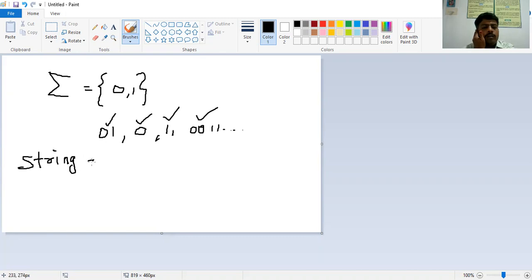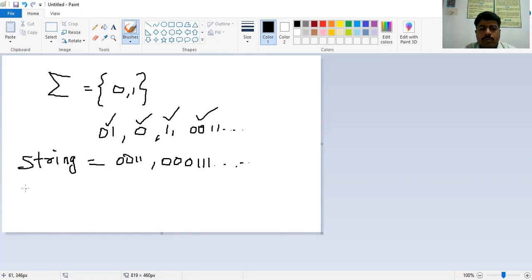These are some of the strings that come from your alphabet. According to the input, I can say a string like 0011. You can create any string, but with the combination of 0 and 1 only, not more than those input symbols. This is the way we indicate strings.